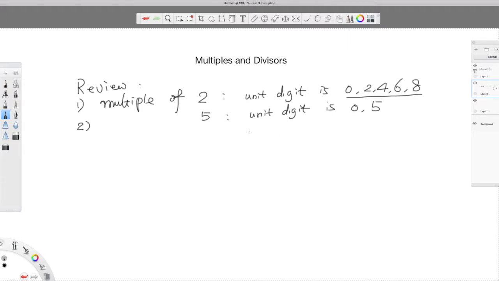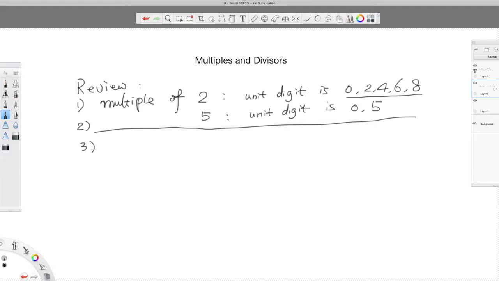It actually says as long as the unit digit is a multiple of 2, then the number is a multiple of 2. As long as the unit digit is a multiple of 5, that number is a multiple of 5. This actually is an if and only if condition. If the number is a multiple of 5, then the unit digit has to be a multiple of 5. And if the unit digit is a multiple of 5, then the original number is a multiple of 5.